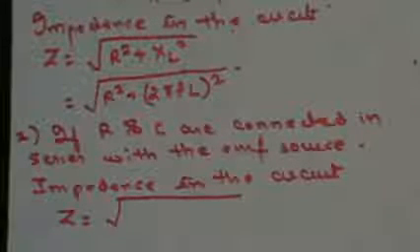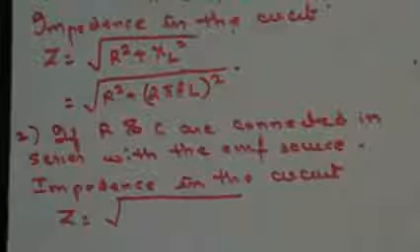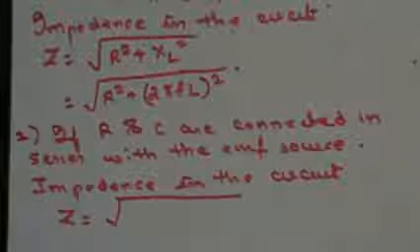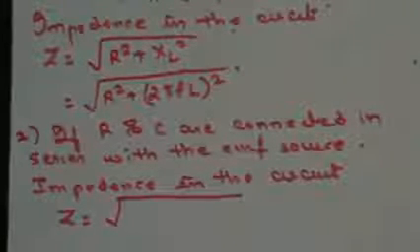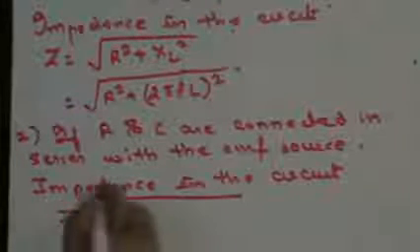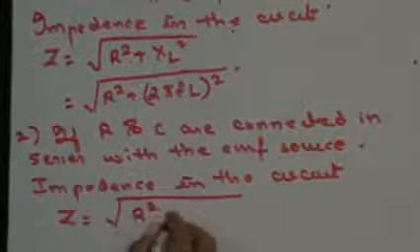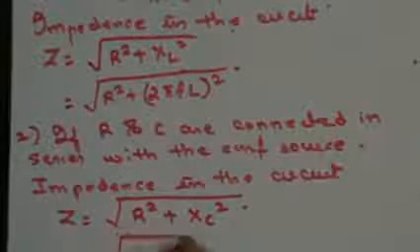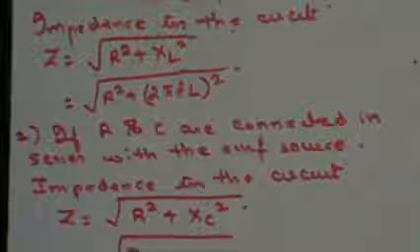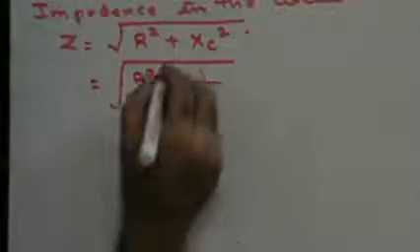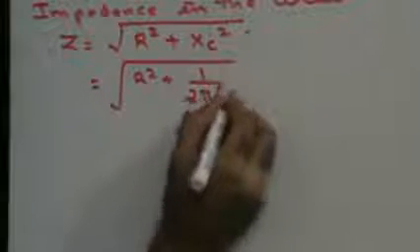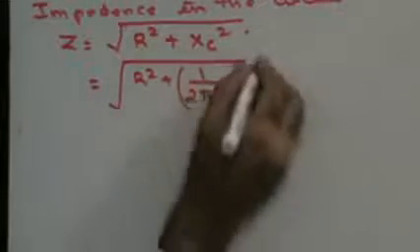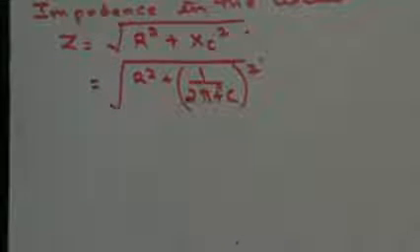Therefore there will be a 90 degree phase difference between the resistor and the capacitive reactance. Hence I can solve this again using Pythagoras theorem. Z is equal to the square root of R square plus XC square, but XC is nothing but 1 upon 2 pi FC. So Z is the square root of R square plus (1 upon 2 pi FC) the whole square. This is my impedance in a circuit with R and C.